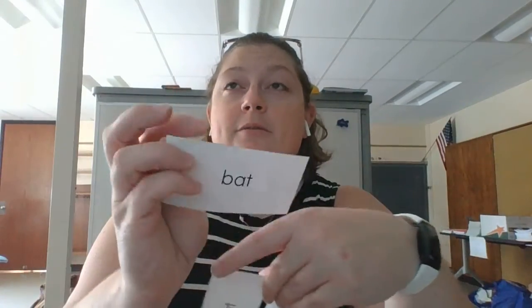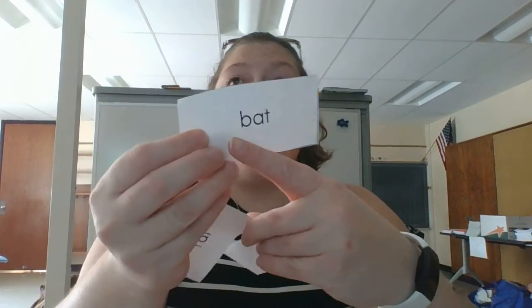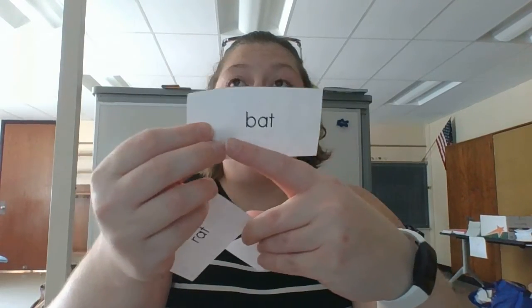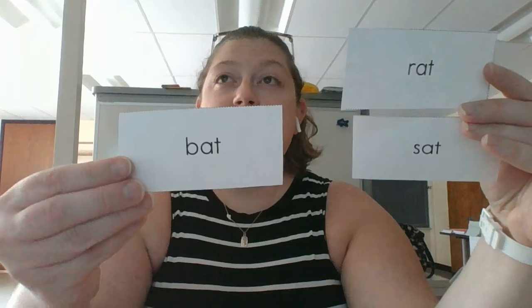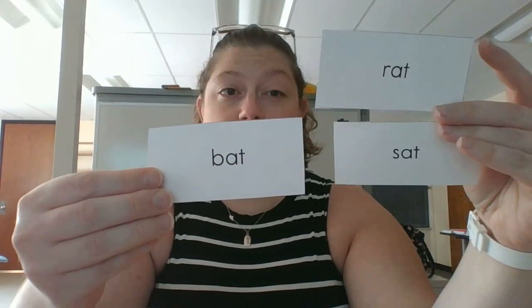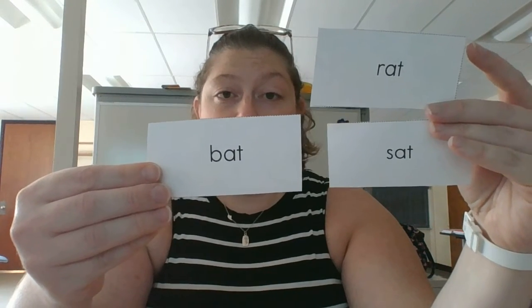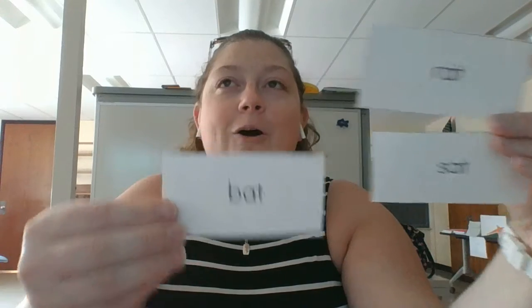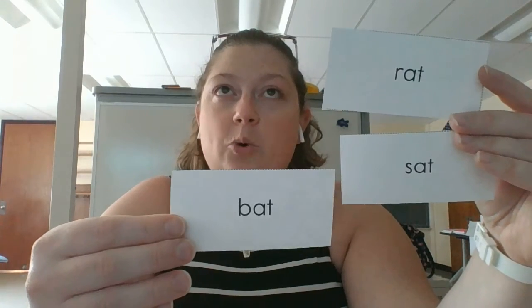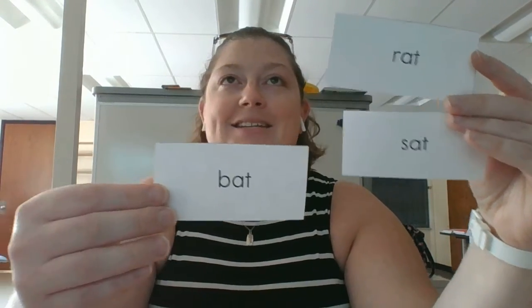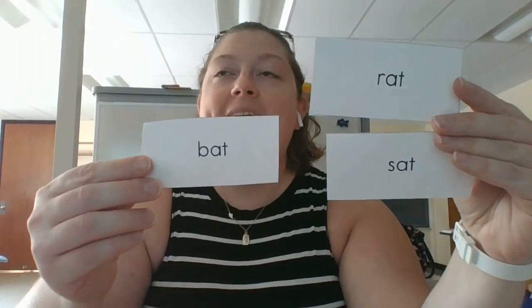This last one, remember I said it was a B. At, bat. So what is the same about all of these words? You're right, they all have at in the word. So we have bat and sat and rat, and they all rhyme because they all are part of the at word family.